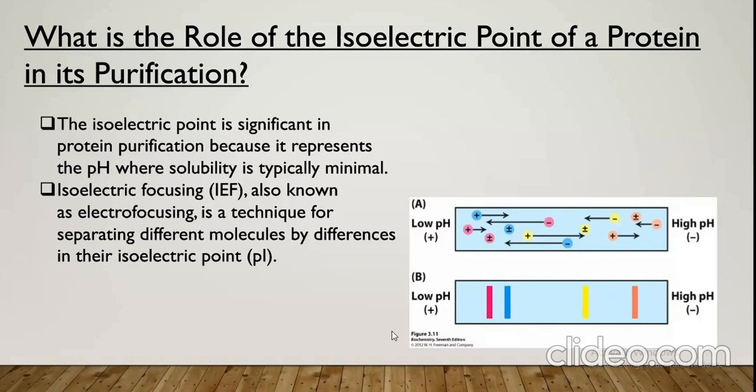In turn, this is where the protein will be collected. Isoelectric focusing, also known as electrofocusing, is a technique used for separating different mixtures of proteins by using their pI values.